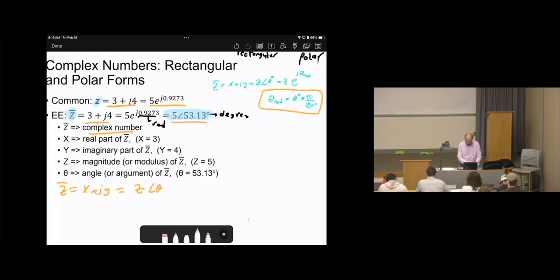Z without the bar is the magnitude alone. When you see a symbol without a bar, it is a real number, which is basically the magnitude. Then theta is the angle, and most likely we'll use it in degrees. X is the real part. Y is the imaginary part. Okay?